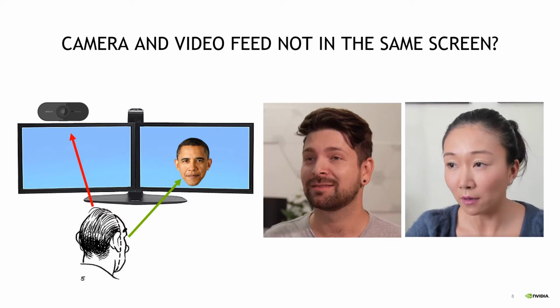Instead of just changing the gaze, we might also need to rotate the face to look at the receiver. These are some issues we had in mind when we were developing the Face-VID2VID method that we are going to talk about today.